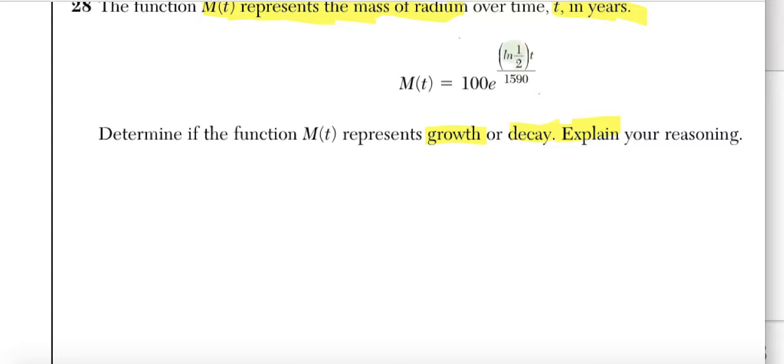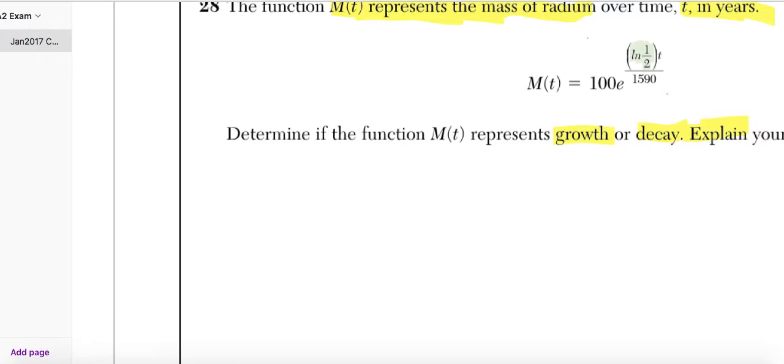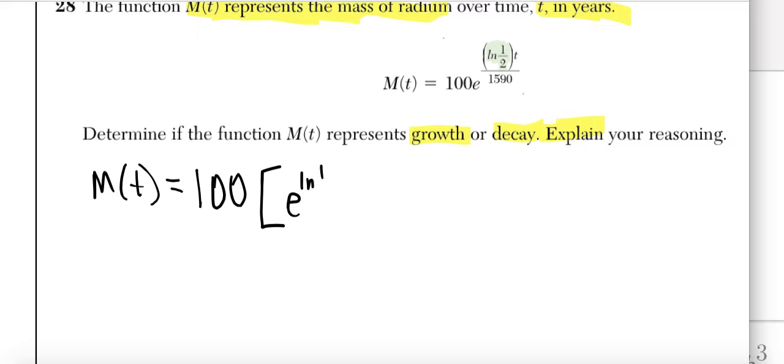We have the 1590 in the denominator and t left in the numerator. So here's what I could write this as. We could write m of t as 100, I could pull that natural log of 1/2 in here, all raised to the t over 1590.